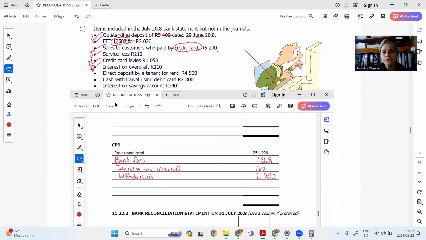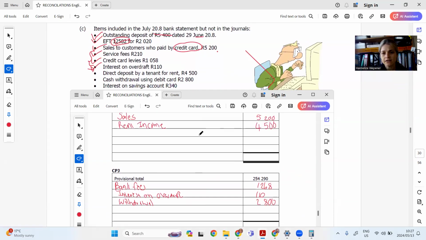Then you also earned interest on the savings account. So therefore you received some more money. So interest on savings account. Hopefully you will write a bit neater than this. Savings account. And the amount that you received was 340 Rand that you have in your bank account.